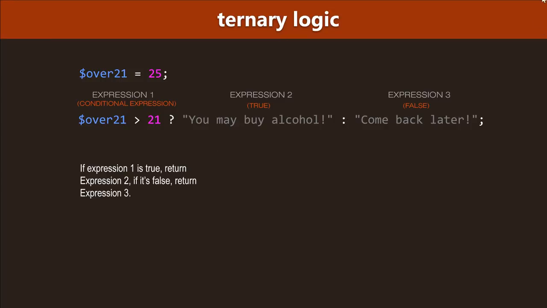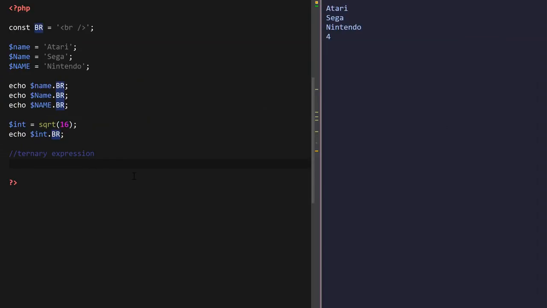Okay, so we can say something like age equals 33, and then let's assign the result to a variable called eval. I'm going to say eval equals, and then we're going to run that through the ternary logic expression: age over 21, question mark, "Here's your drink", and then the colon, in case the expression is false, "You're not old enough".